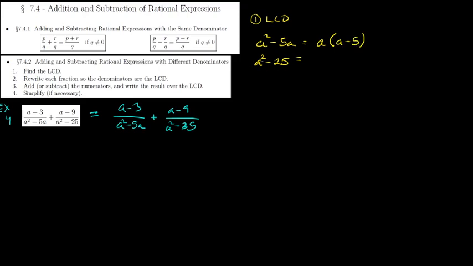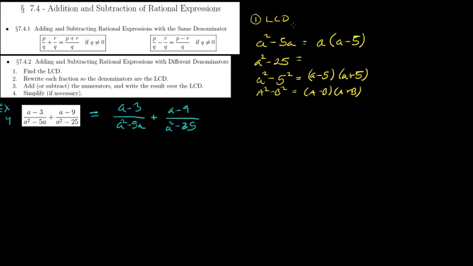The denominator a² − 25 should remind you of a² − b², the difference of squares. It factors as (a − b)(a + b). Here b is the 5, so it's (a − 5)(a + 5).